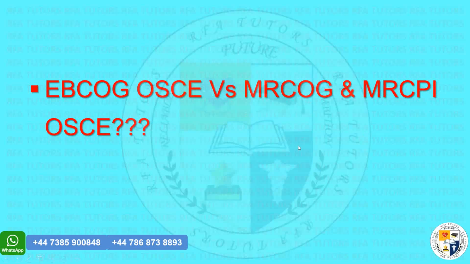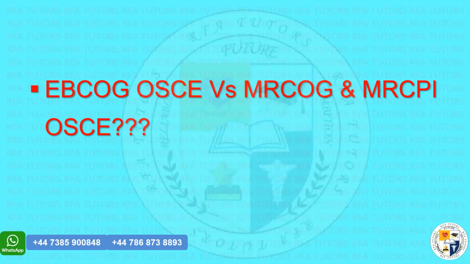Yes. So again, like what Dr. Sidra Ali has said, it is very different in terms of format. We don't have a medical literature appraiser in EBCOG, but pretty much the same otherwise. MRCOG has 14 stations versus the 10 stations that we have in EBCOG. For MRCPI, we have long cases, one long case, sorry, and then 7 active stations.